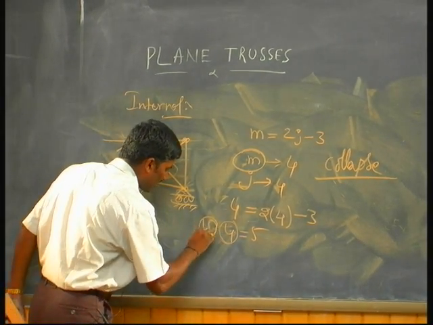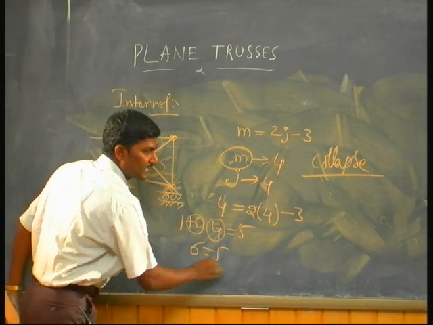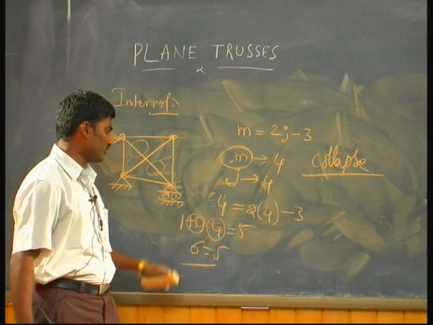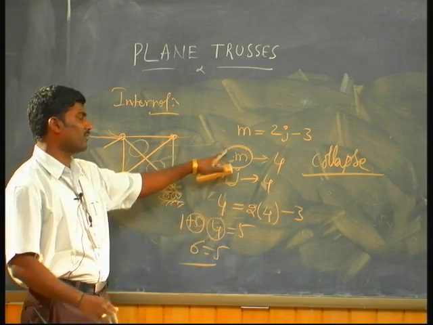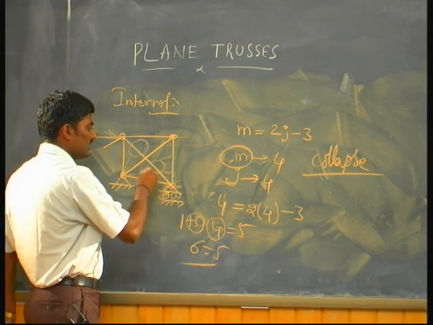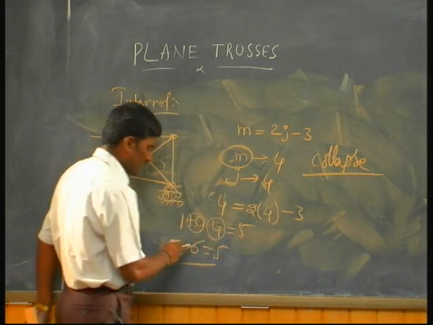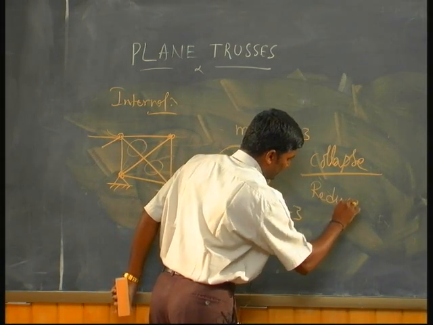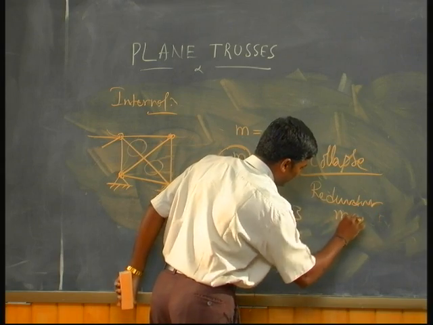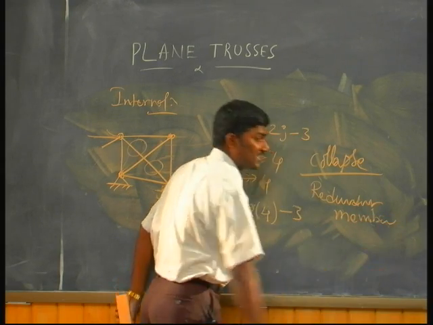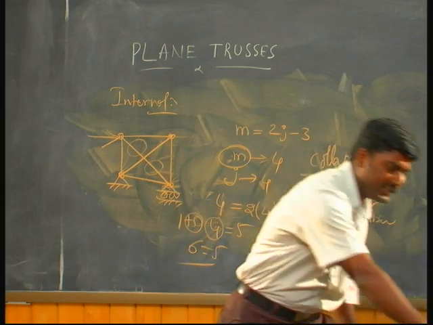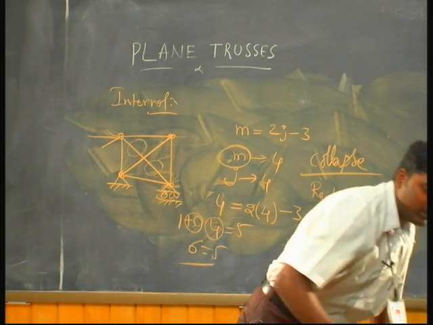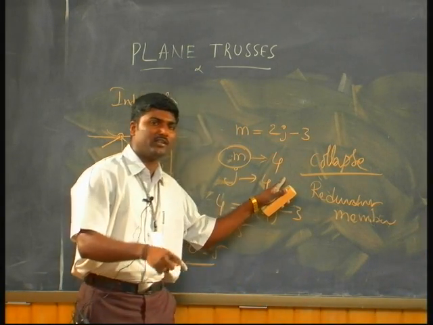So, I have added one more member here, becomes 6 and 5. So, members are more, and you can't determine that additional one. That is called a redundant member, whatever you have extra. So, this is called internally indeterminate.